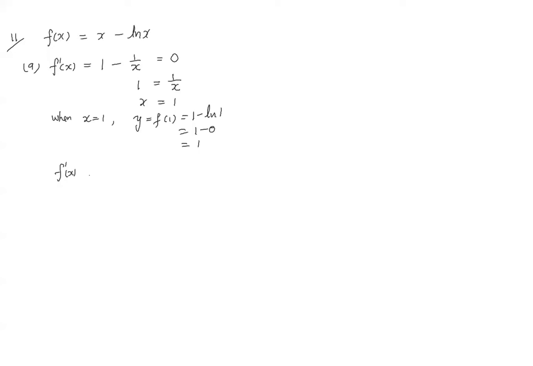By the way, because of the ln, your x must be greater than 0 also. So this is your x and this is your 1. When x is less than 1, 1 over x will be more than 1, so 1 minus more than 1, I will get negative, and this is a positive.